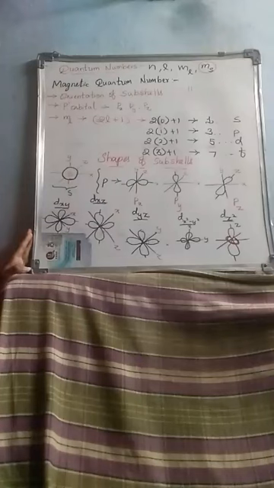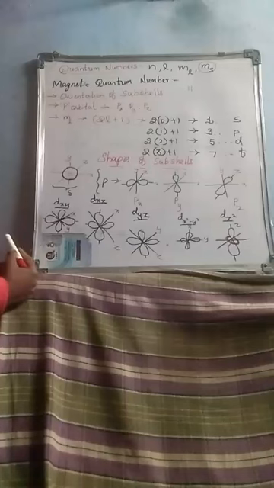And here is the d orbital. The d orbital contains 5 orientations, dxy. The shape is double dumbbell or clover leaf shape. So the d orbital is double dumbbelled. The lobes of the orbital will be placed between the x and y axes.